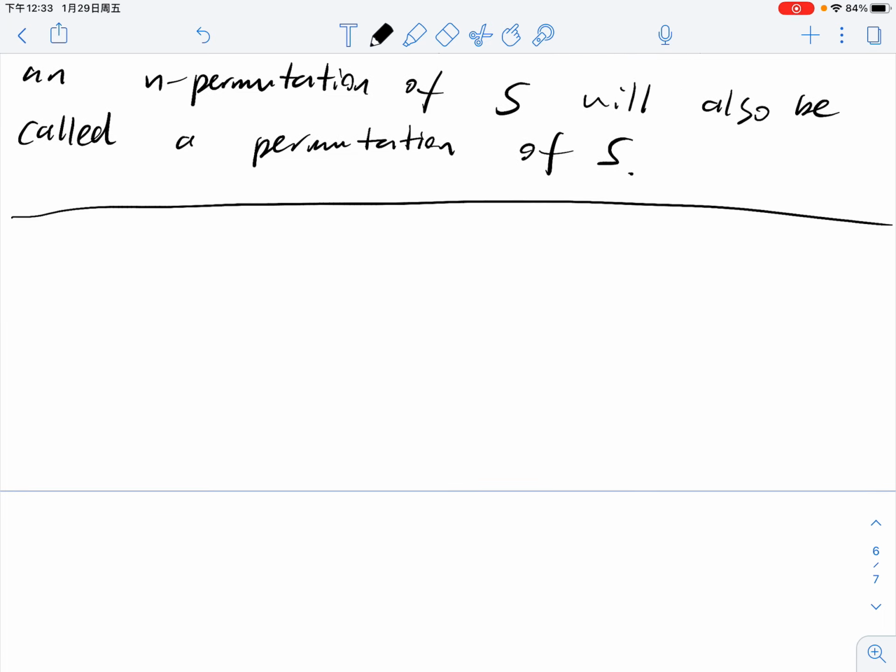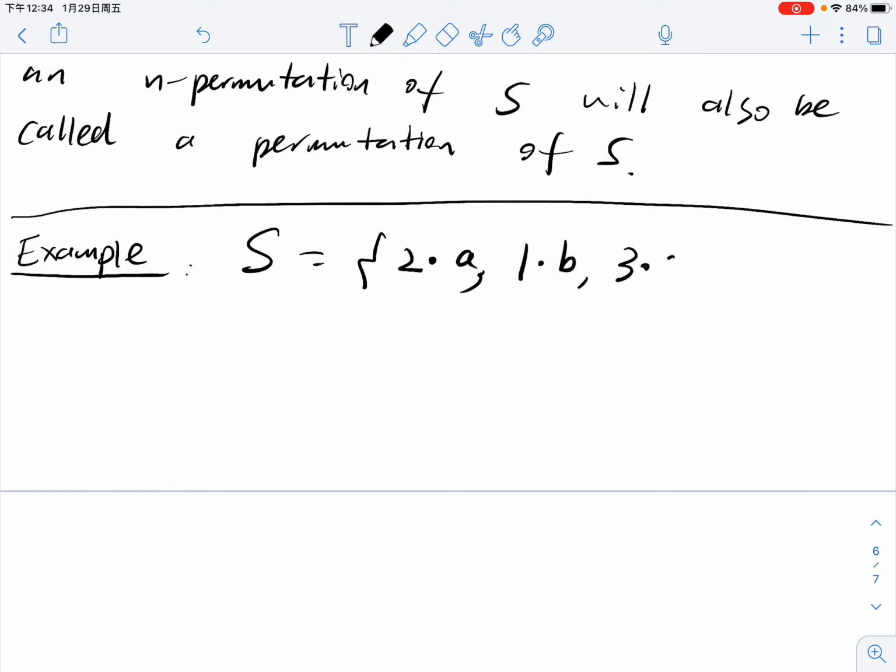And now let's look at some examples. So first example. Here's the way we usually denote a multiset. We don't write down the repetition function or repetition numbers independently. We just include that in the definition of S. So 2·A means, okay, I will first write down the notation.